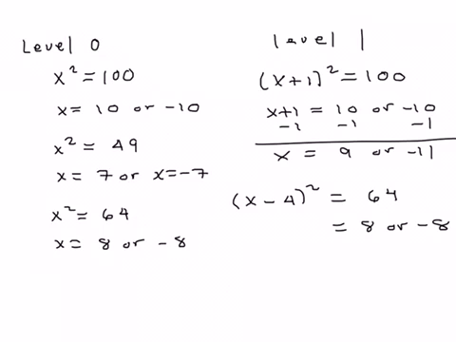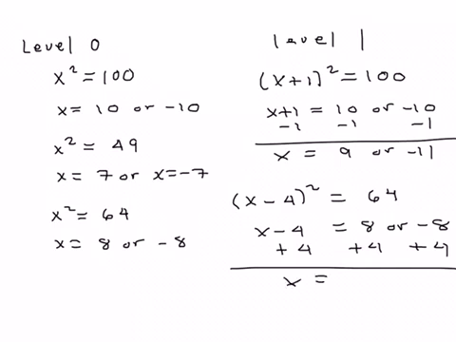And what is that thing? Well, x minus 4 must be 8 or negative 8. So in other words, solving for x, I'm going to add 4 to everything. And I get x equals 12 or negative 4.